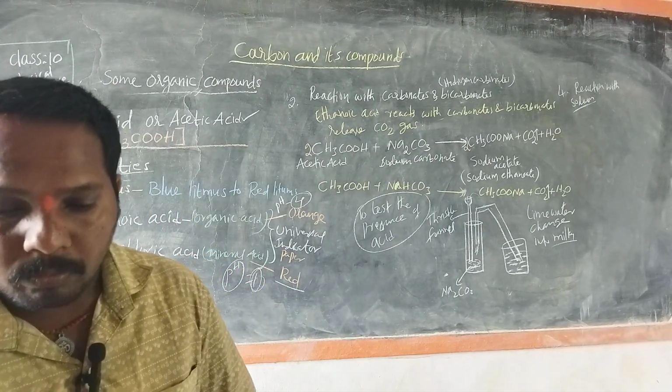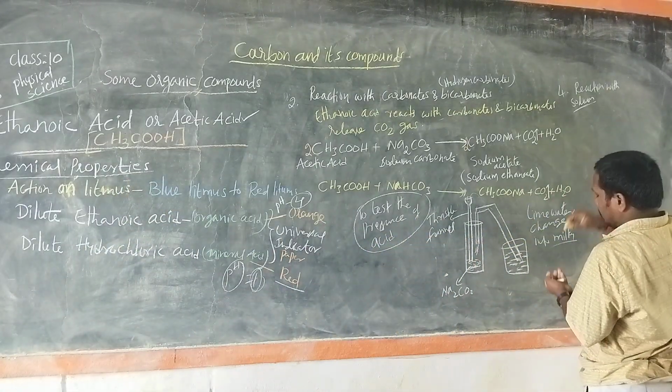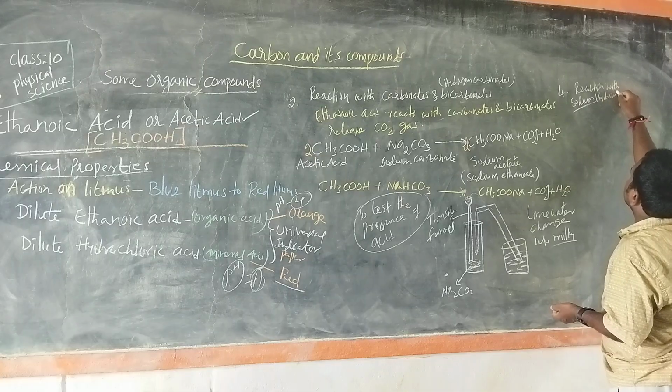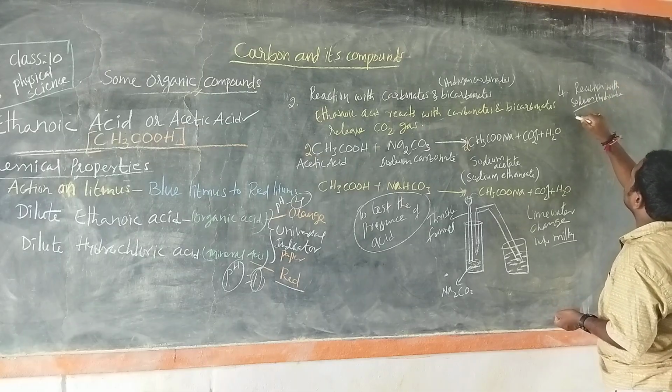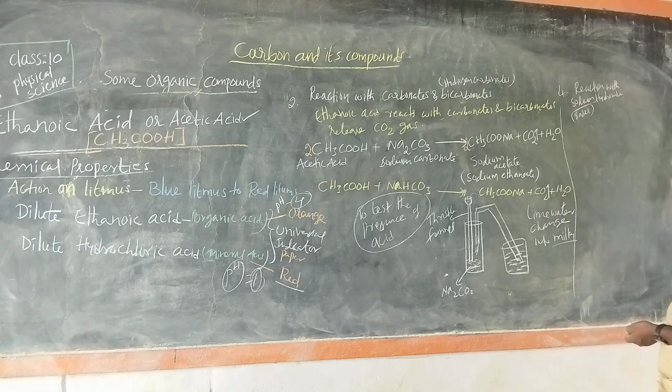So it forms bases. It forms the respective salt. So this is reaction with sodium hydroxide, or reaction with bases. As we know, when acids react with bases, a salt is formed. Such reactions are called neutralization reactions.